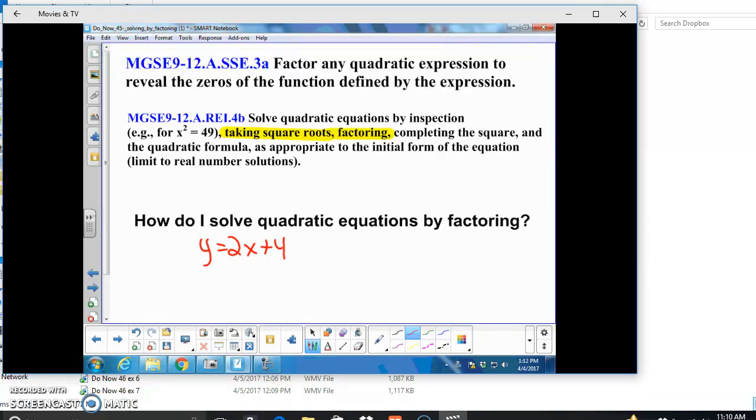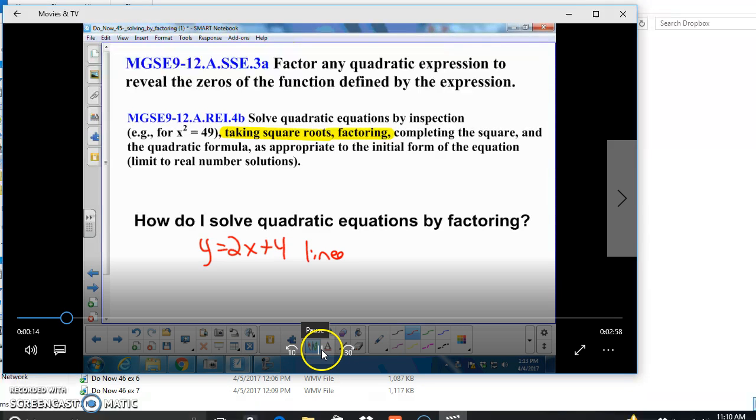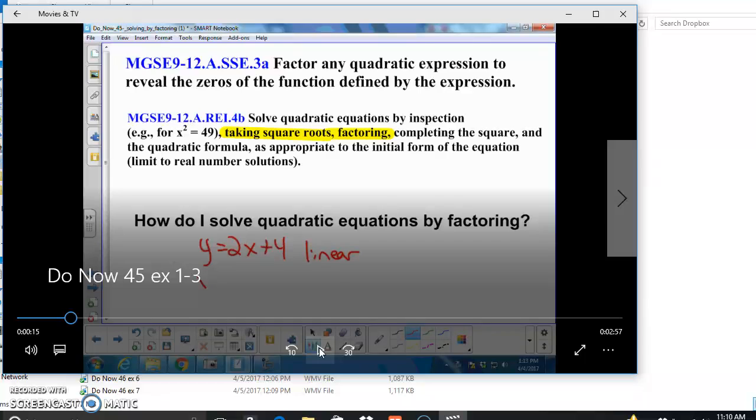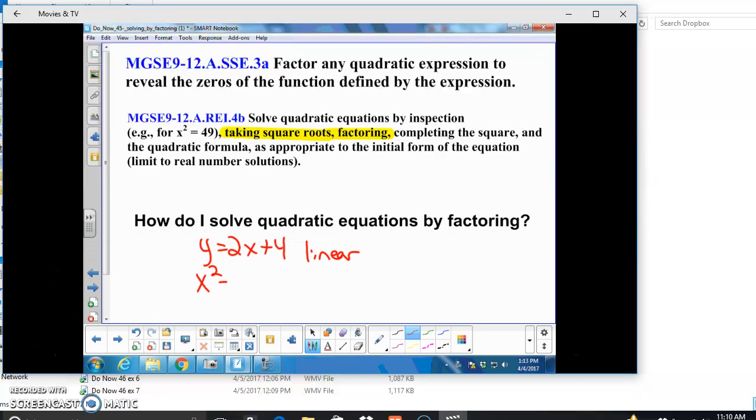Now, when we talk about quadratic functions or quadratic equations, in the past, we've looked at linear equations. y equals 2x plus 4 is an example of one, and if we graph it, that's a linear equation. We're looking at equations that have a variable that's squared.